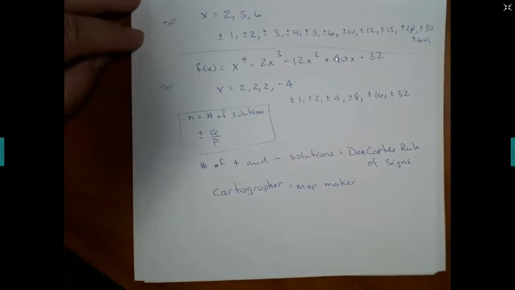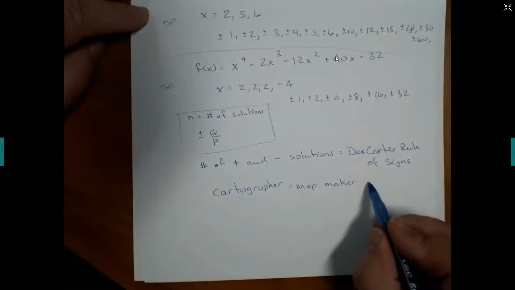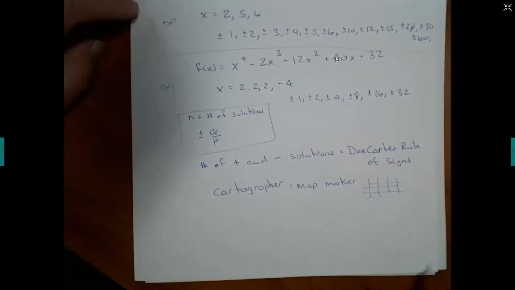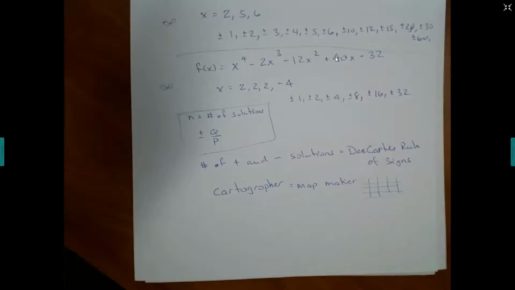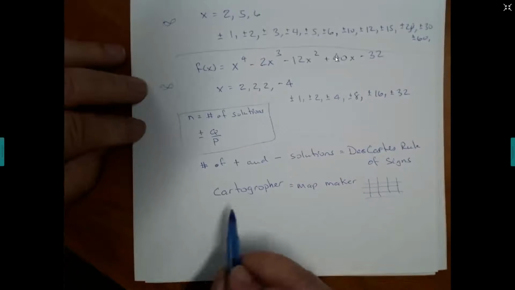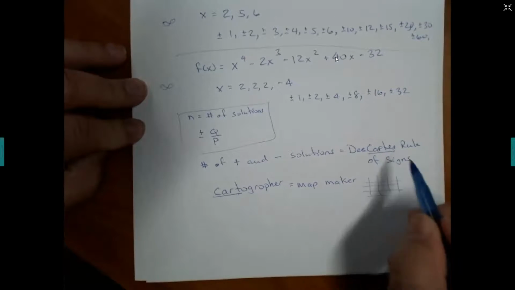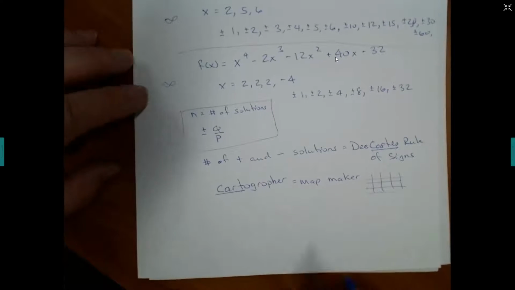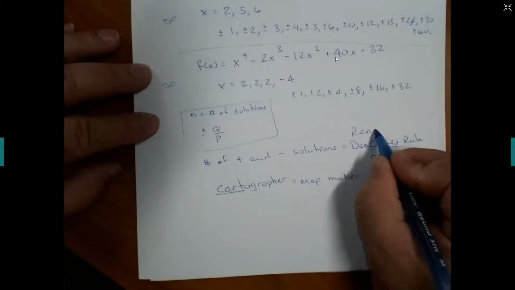It's a map maker. If you ever look at a map, you know it's made up of a grid, horizontal and vertical lines, same as our XY axis. That's how the word cartographer came about, with Rene Descartes.